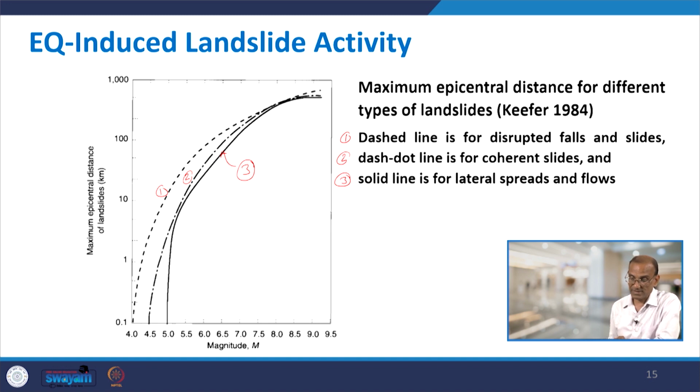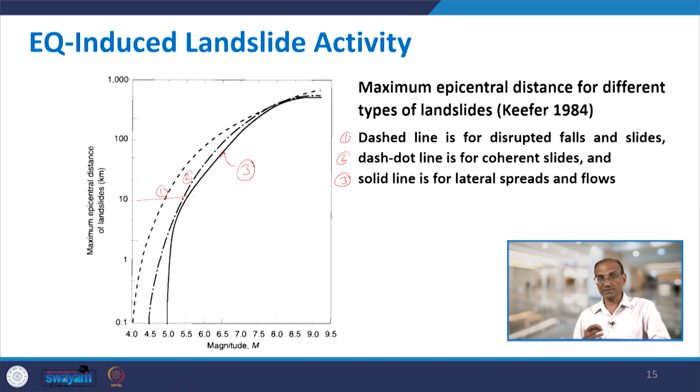So the distance decreases. On the other side, for the same epicentral distance, for example if I draw a line at 10 kilometers, the magnitude required will increase from first to third. That means for the same epicentral distance, lateral spreads and flows will require more magnitude compared to disrupted falls.